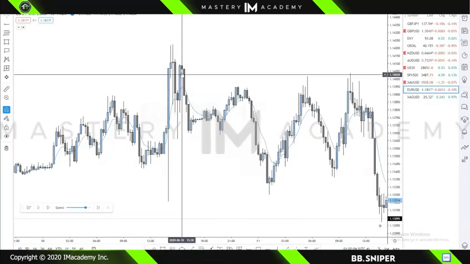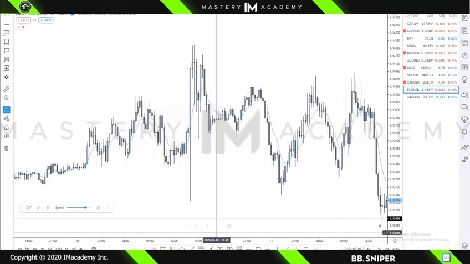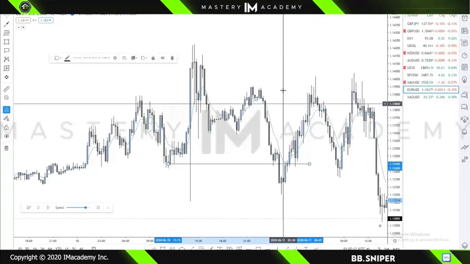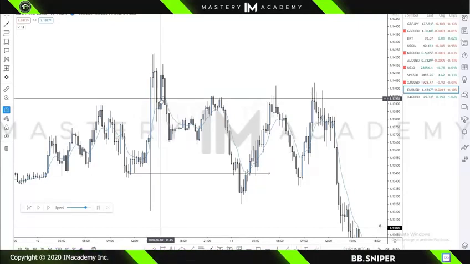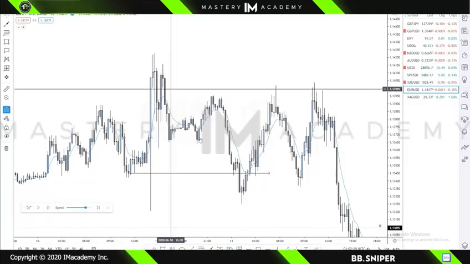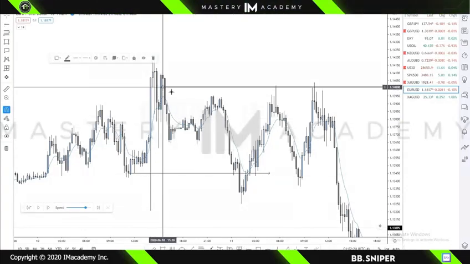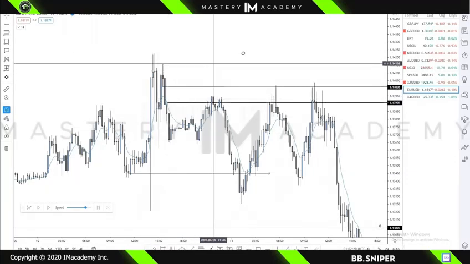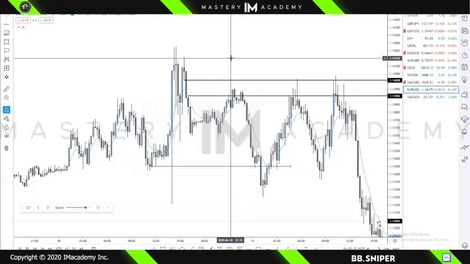So after getting this clean 15-minute break of structure, we have this last bullish candle here, right? Notice how inside of that candle, we have the imbalance, right? And so that's an example of what I mean.